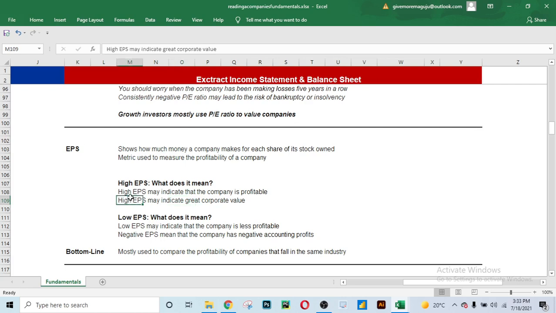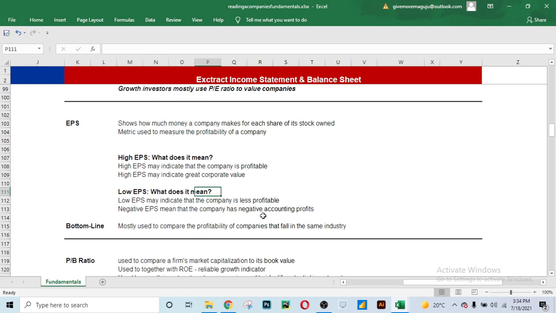So what does a high earnings per share mean? High earnings per share may indicate that the company is profitable, and may indicate great corporate value. So you need to know that when you look at a company's financial statements and you calculate the earnings per share, you compare the earnings per share across multiple periods, maybe across 5 years.